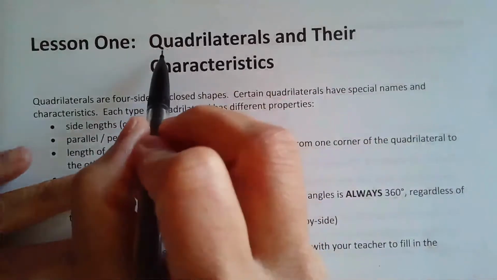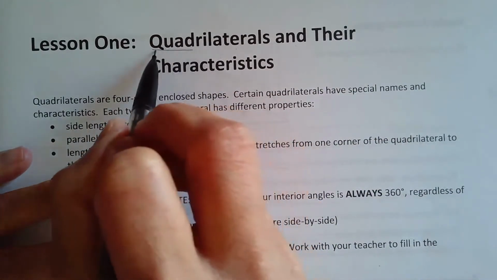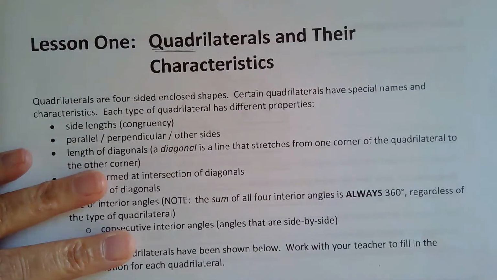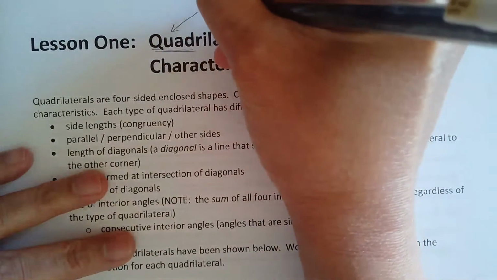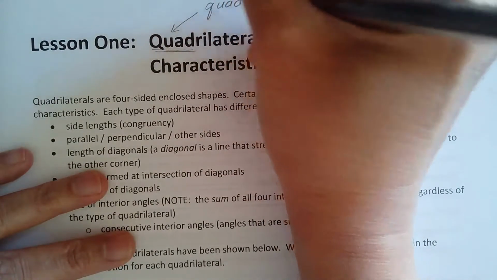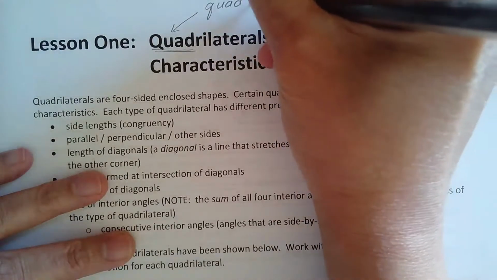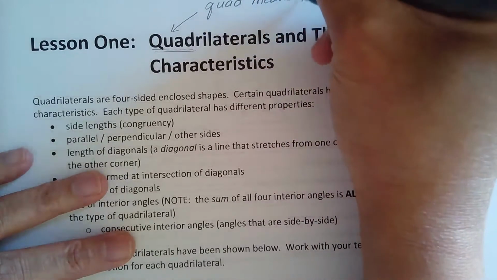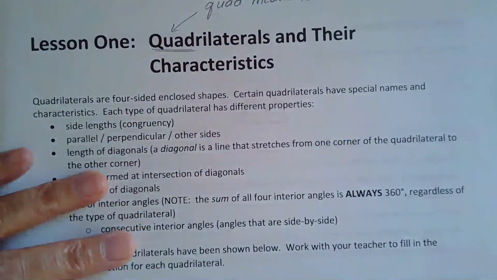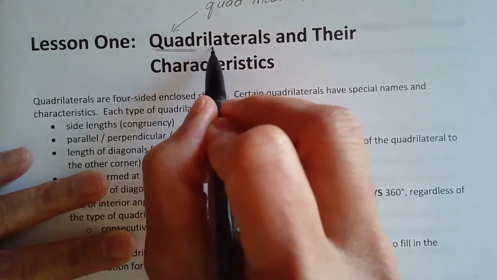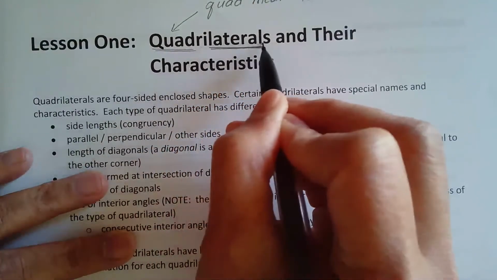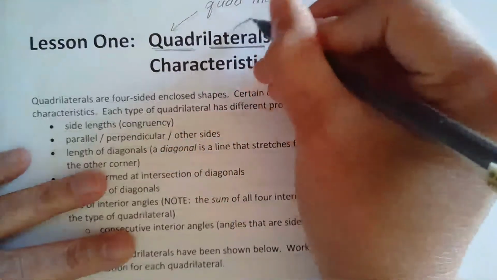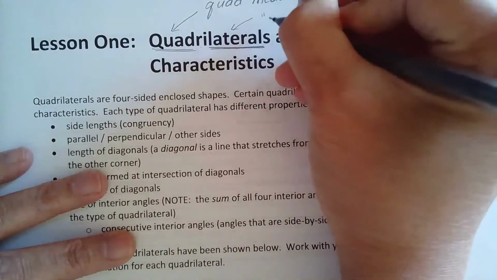So the word quad means four. The next part, lateral, the word lateral means sides.